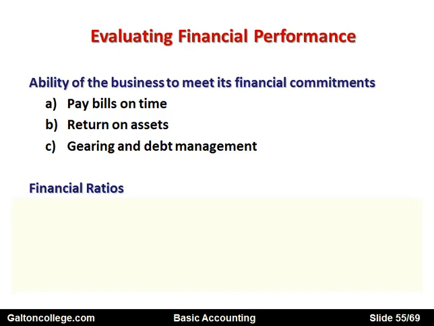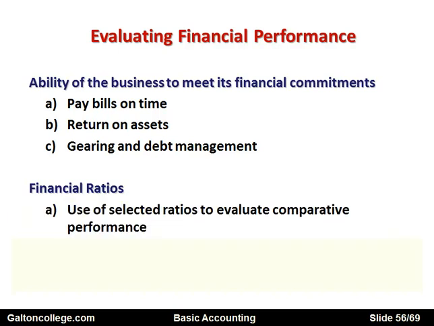Financial ratios. Well, the use of selected ratios to evaluate comparative performance. Ratios are good because they enable businesses to make comparisons between themselves and perhaps other businesses. Businesses vary in size, and they vary in the way they're organized and the types of products they make. But it's still possible to work out the performance of one business against another by looking at the ratios.